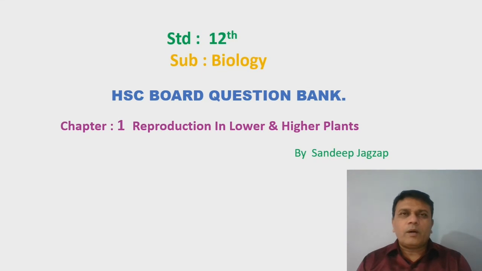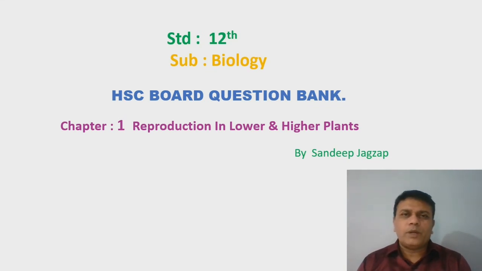Now you are all familiar with the question paper pattern. Now you know that the question paper shows total 4 sections. Now section A consists of question number 1 and question number 2.